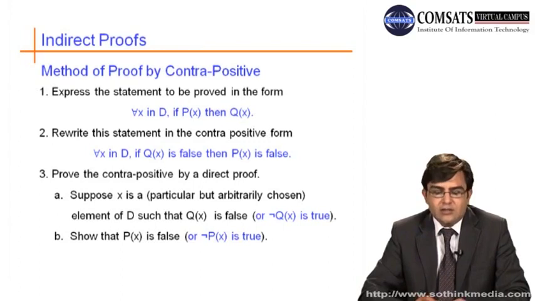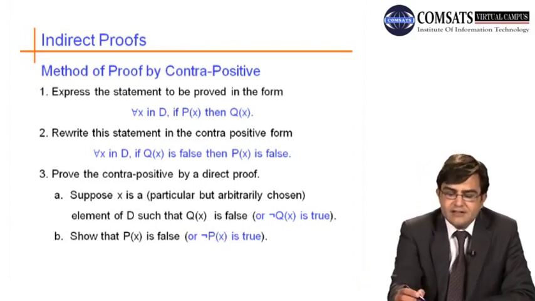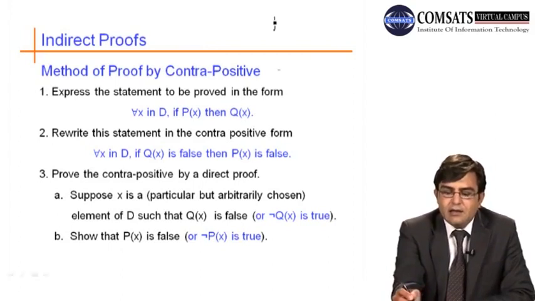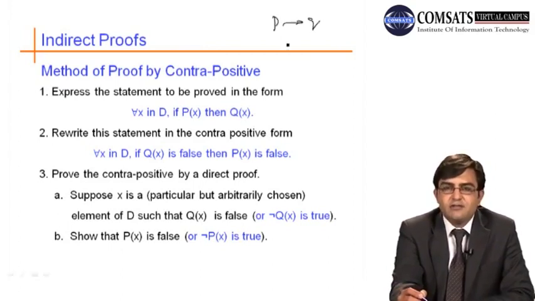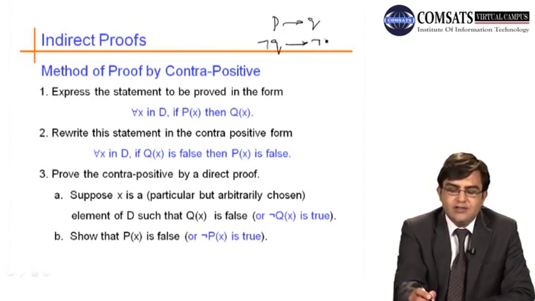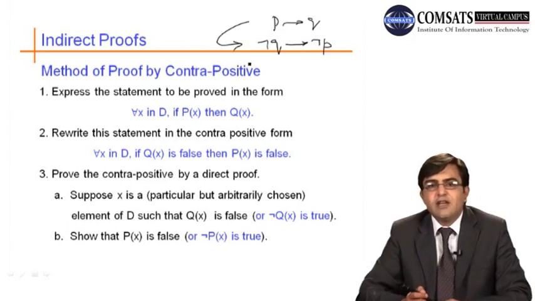You know what the contrapositive of a conditional statement is. If we have a conditional statement P implies Q, then the contrapositive of this statement is not Q implies not P. This is what we have studied in logic.